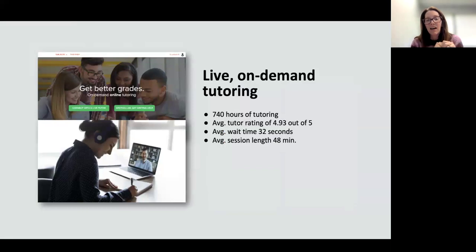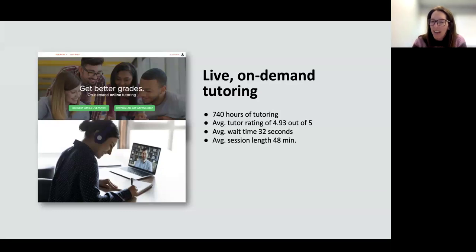Next slide. And then also on-demand tutoring. You will likely have service members that have been out of school for a long time, or maybe they were in school, but it was during COVID and they didn't get the instruction that they needed. We have live on-demand tutoring that service members can use free of charge.